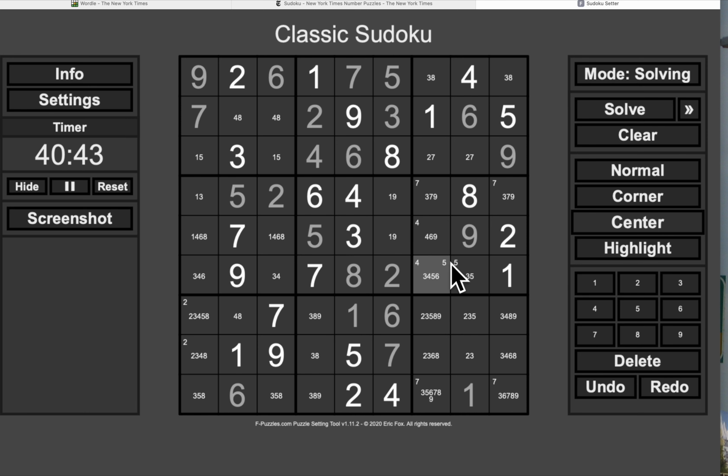Let's see. That has to be 4 or 5, I think. Remove that. That's a 3, 5. That's a 4, 5. That's a 3 or a 4. Well, that's now the only place for 6. Here. Which means this isn't 6. Neither is that.